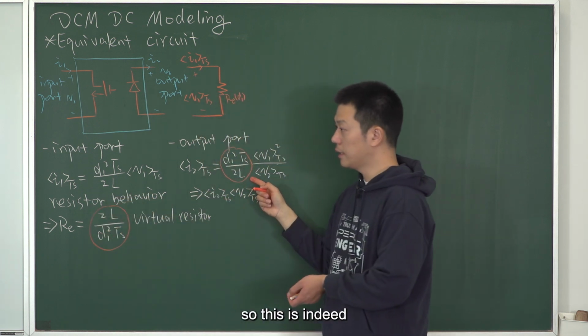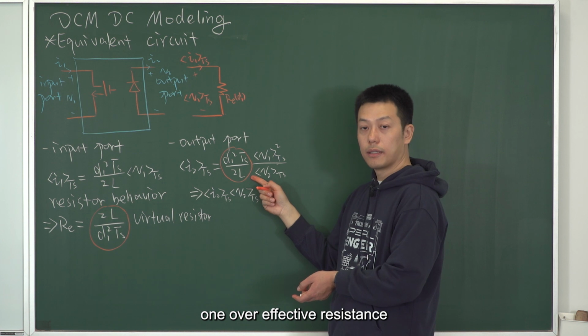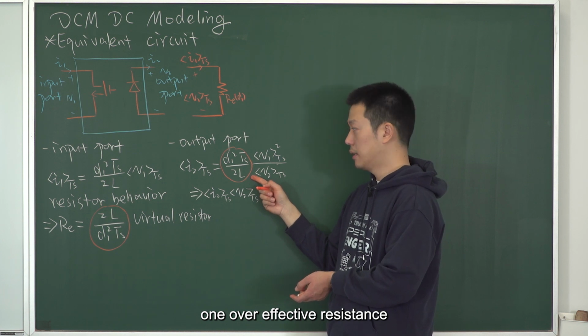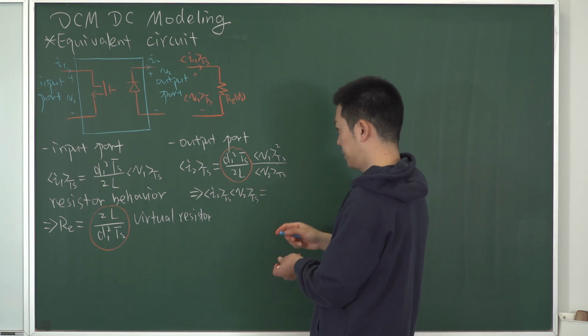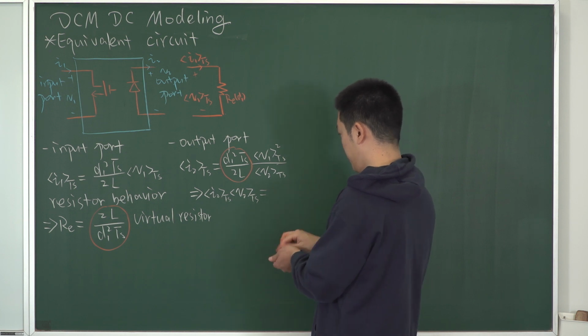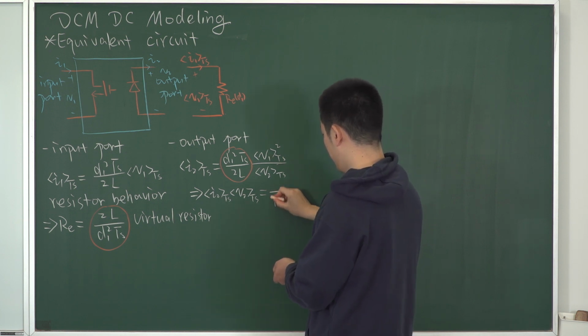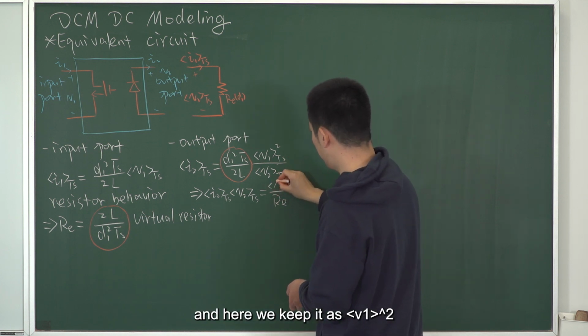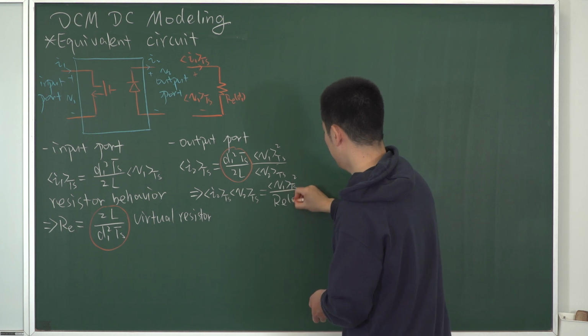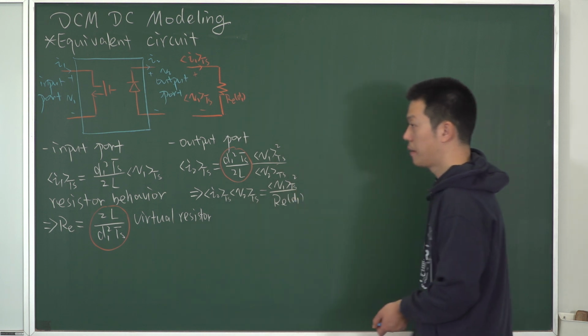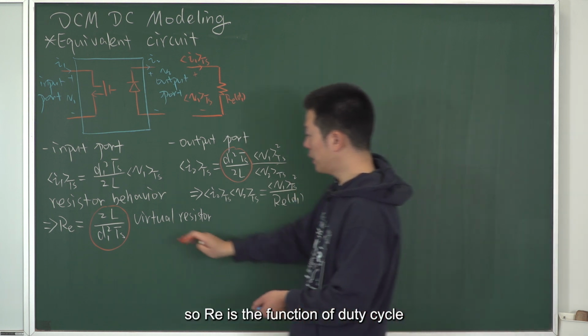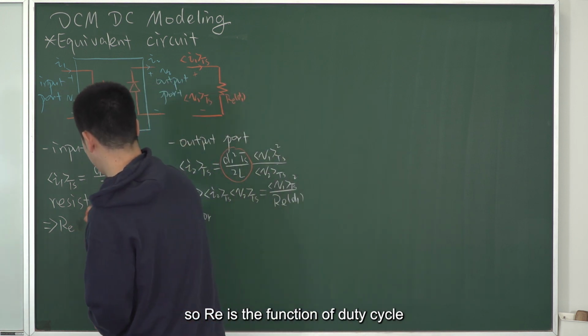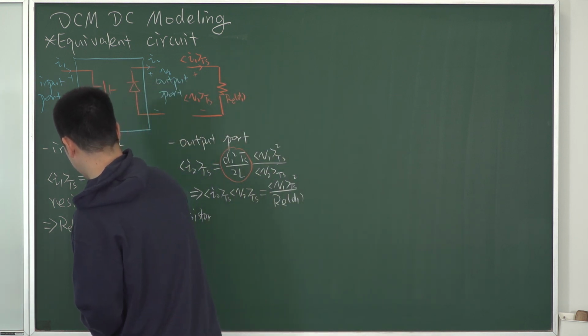So this is indeed 1 over effective resistance. And here we keep it as V1 average squared. So RE is a function of duty cycle.